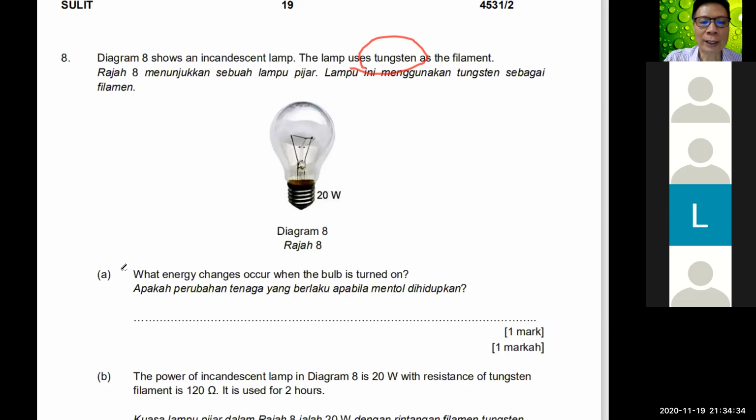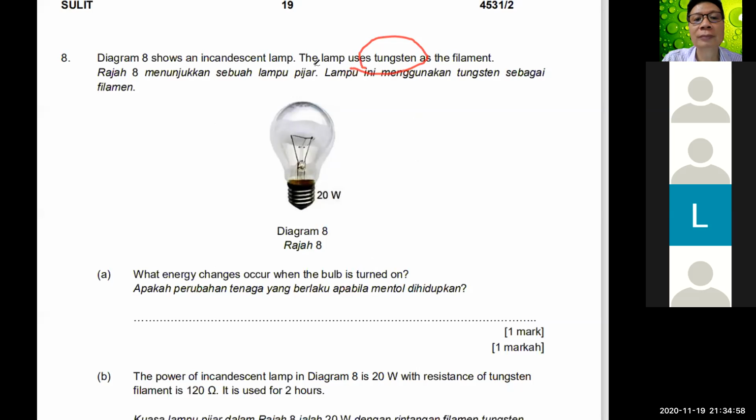Okay. What energy changes occur in the bulb? In the bulb, what energy changes to what energy? Hanis, can you answer? Yes, sir. What energy changes to what energy?